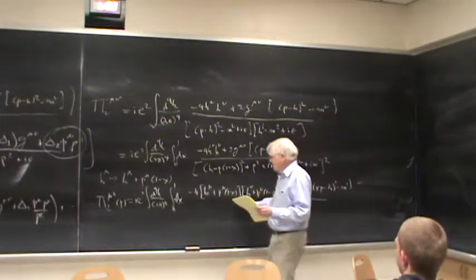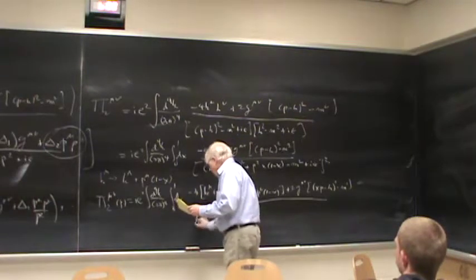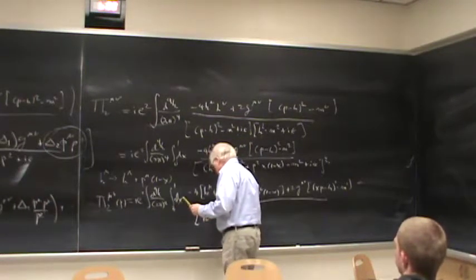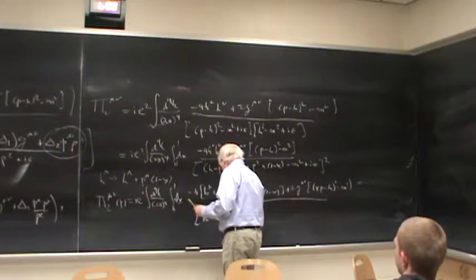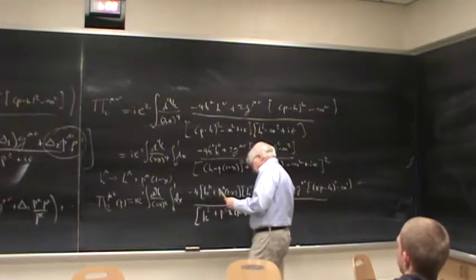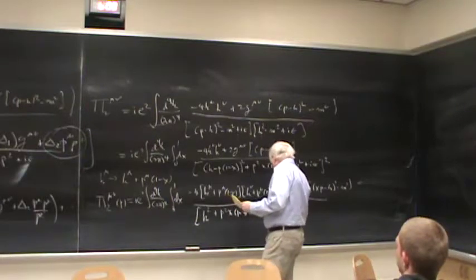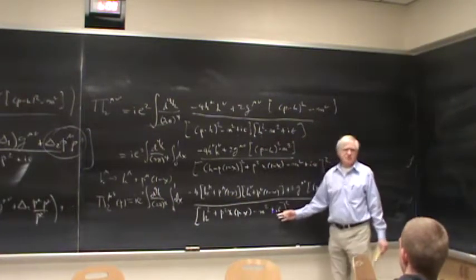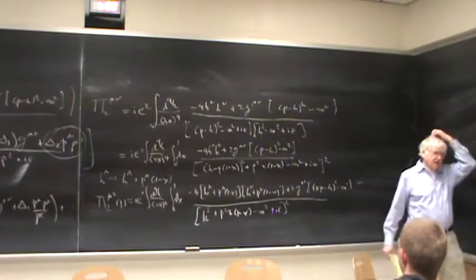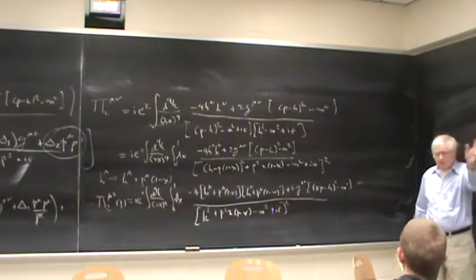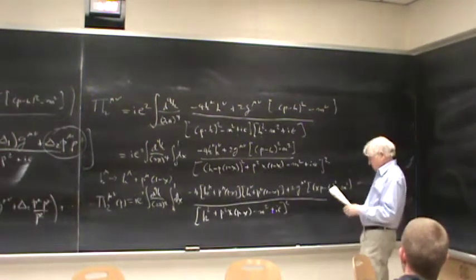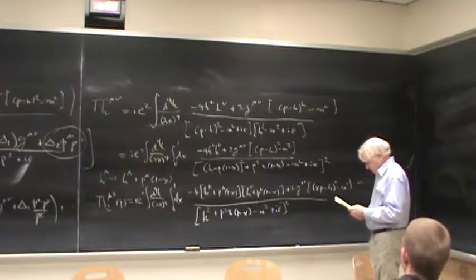And then the denominator, though, is a little bit simpler, because now it's k squared plus p squared x times 1 minus x minus m squared plus i epsilon, squared. In these loop diagrams, you have to keep the i epsilon. In the other things that we were doing, the tree level diagrams, you don't need to.